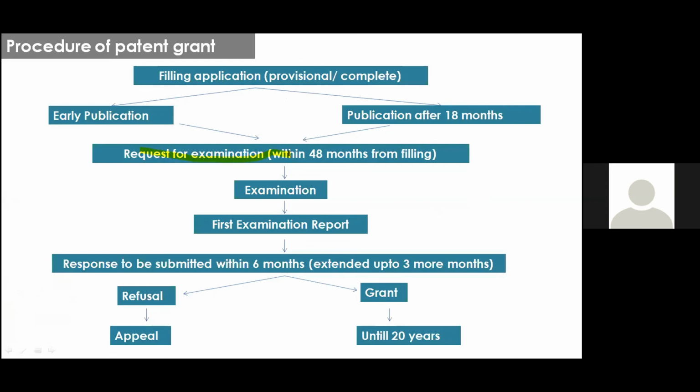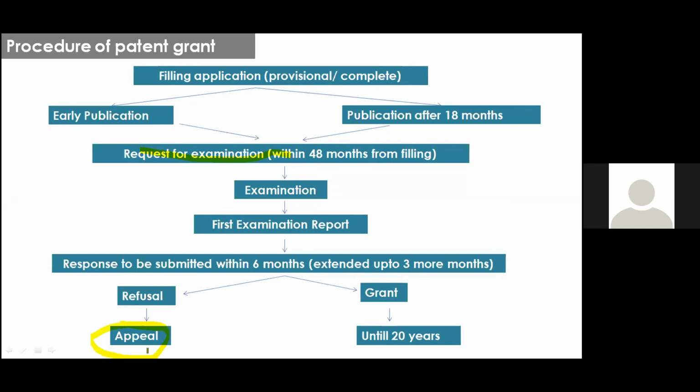examination. Once the first examination report comes, you need to revalidate or give the reply to the examiner within the stipulated time of 6 months, which can be extended up to 3 more months. If it is refused, then you can go for appeal.